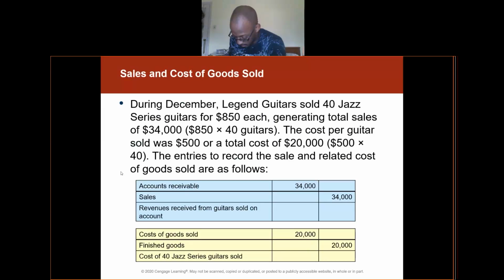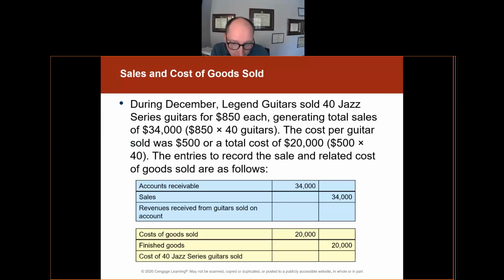Now, of course, when we sell a product, and hopefully you all remember this from Accounting 201, if we sell guitars on account, we debit accounts receivable and we credit sales. That's when we sell it on account. But as you know, with double entry accounting, you can't just have that one entry.